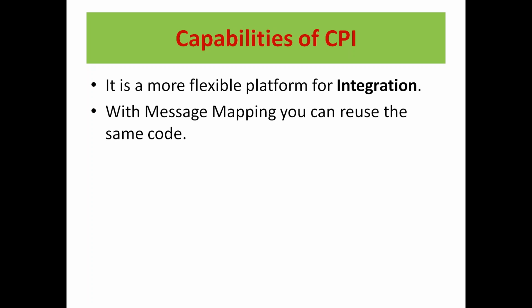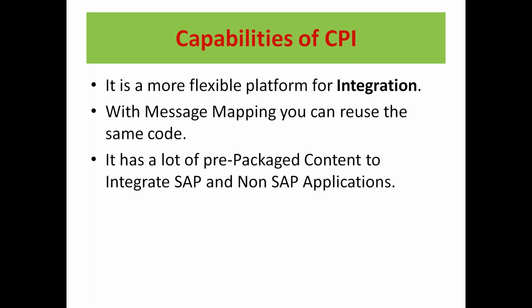We can reuse the same code using the message mapping functionality. CPI has message mapping as well as value mapping features. Using message mapping, you can build some functionality and use it in different iFlows. So code reusability is possible with the message mapping feature of CPI.